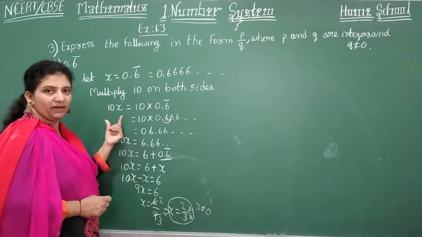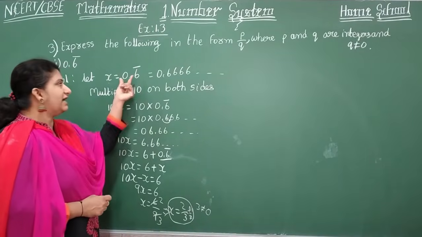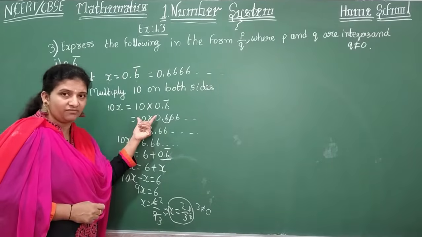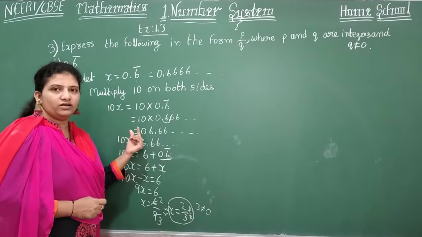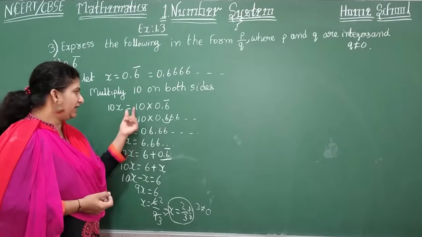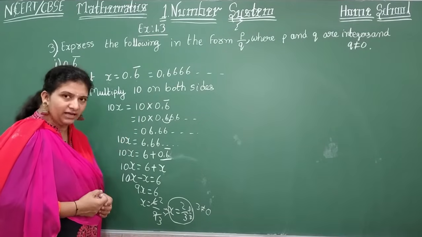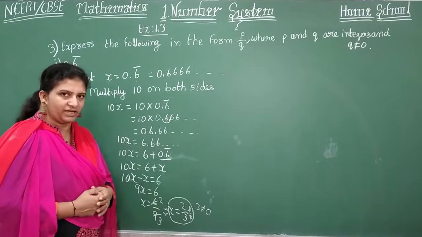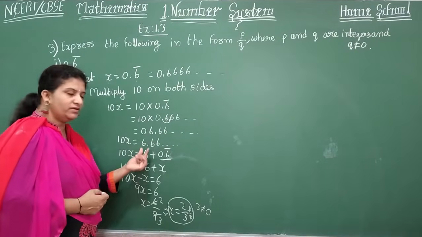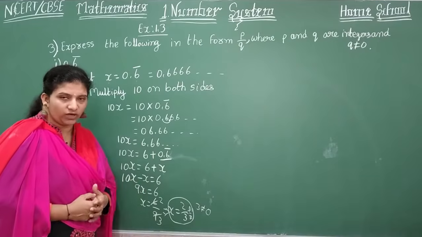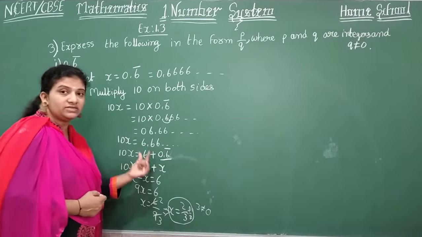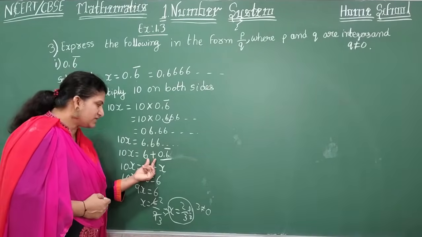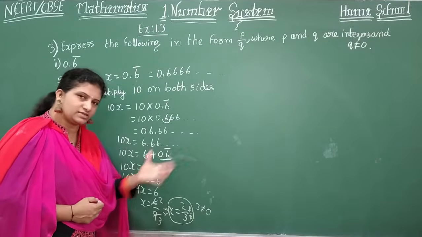So if you multiply 10, 10 into x, 10x, and 10 into 0.6 bar, it becomes 6.666. So now, this 6.66, what you are going to do? You are going to split this again: 6 plus 0.666 it will be.